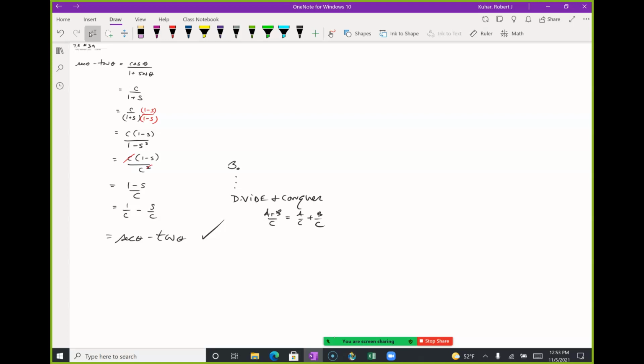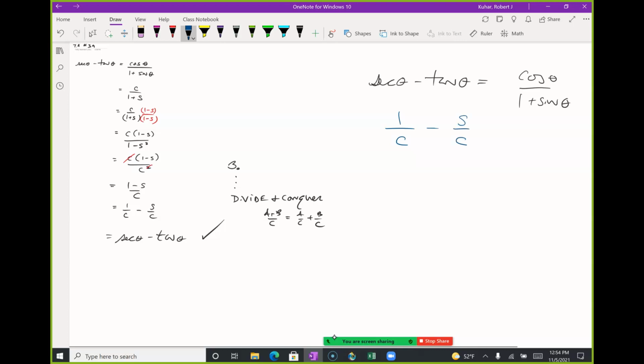Why don't we do that same problem again, but work on the left-hand side, right? So secant of theta minus tangent of theta should turn out to be cos of theta over 1 plus sine of theta. On your mark, set, go. So someone tell me, what does the left-hand side become? One over cos minus sine over cosine. Nice.